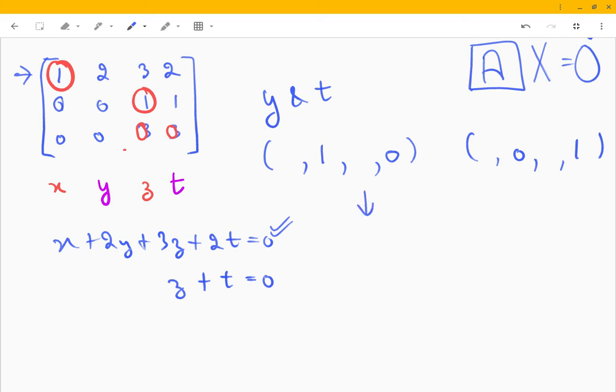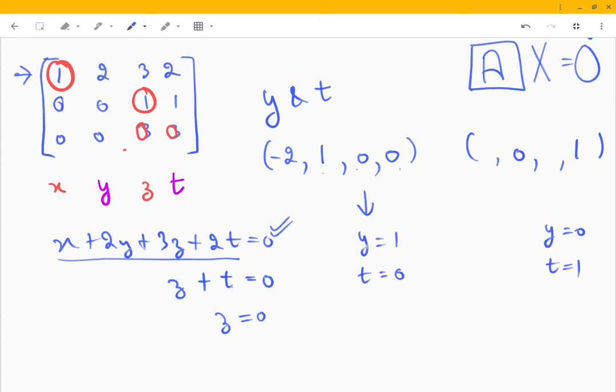Okay, so plug in the values. For the first vector, we have y equal to 1 and t equal to 0. When t is 0, that implies z is 0. Now plug all these three values in the first equation. So x becomes -2, right? So this is the first vector that maps to 0. And now we put y equal to 0 and t equal to 1.